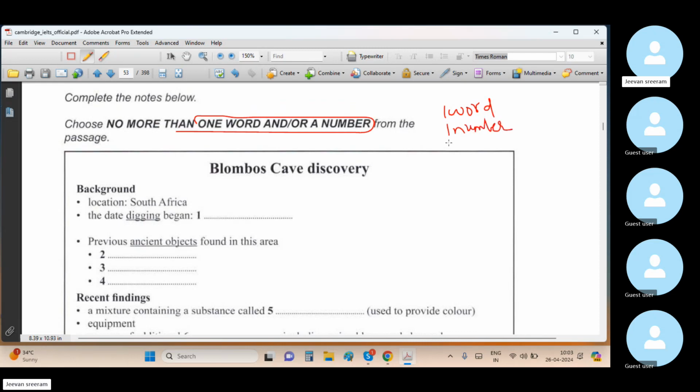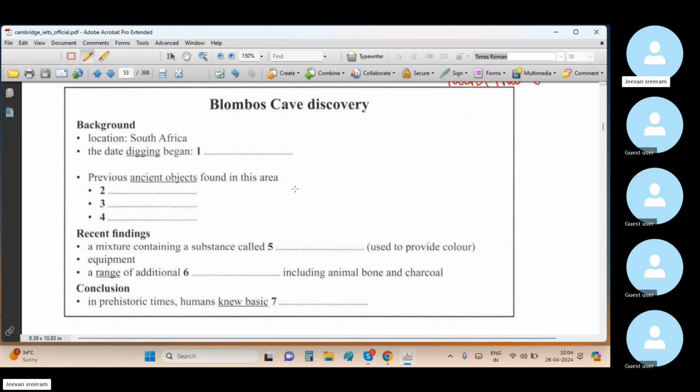One word inclusive of a number can be written as the answer for any of the blanks. You need all the paragraphs now to fill in these blanks. I'll wait for 2 minutes. Please finish them.